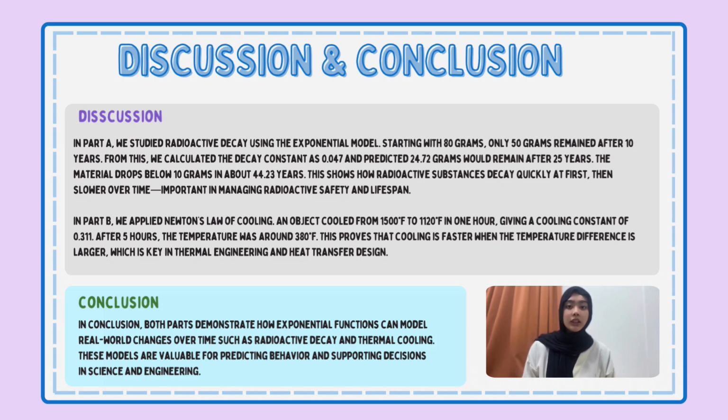This proved that cooling is faster when the temperature difference is larger, which is key in thermal engineering and heat transfer design. In conclusion, both parts demonstrate how exponential function can model real-world change over time, radioactive decay, and thermal cooling. These models are valuable for predicting behavior and supporting decisions in science and engineering.